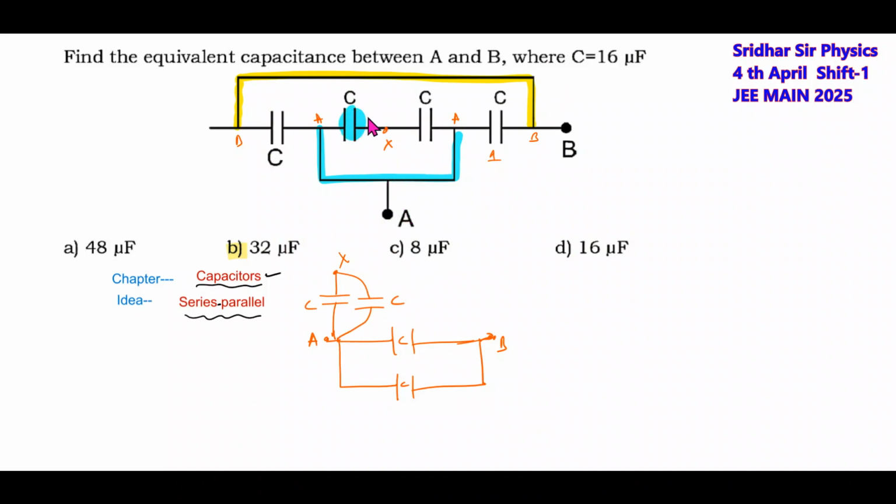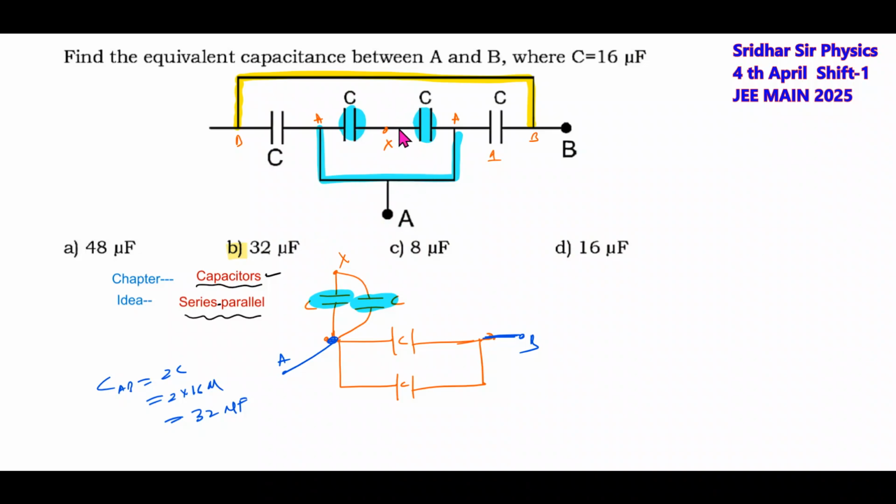If you look at these two capacitors, they are here. Now, what is the question asked? He is asking only about points A and B, so only these two capacitors will add up. They are in parallel, so the effective capacitance C_AB equals 2C, 2 into 16, 32 microfarad.